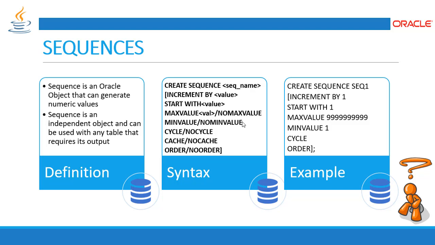As we discussed, sequences are automatically generated values which are unique in a table and can be used with any table. They are mostly used in commercial applications where we have a large amount of data and we need to maintain the data in a unique way and don't want any duplication. There we use sequences.